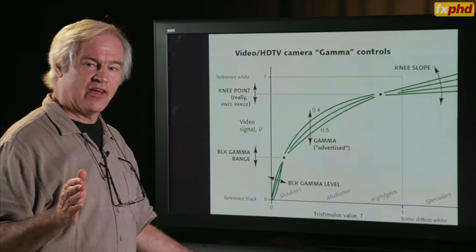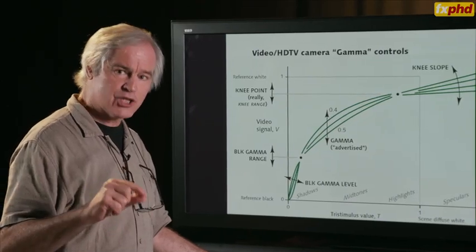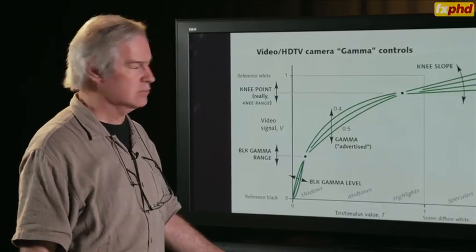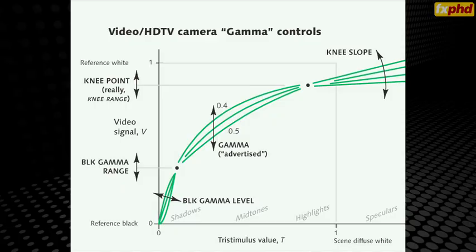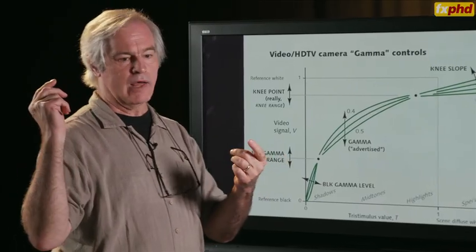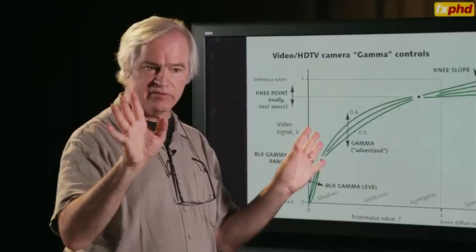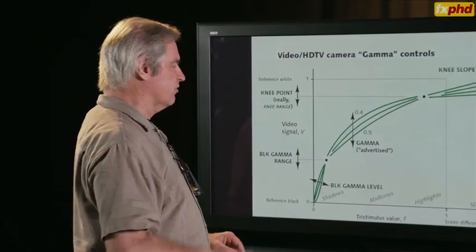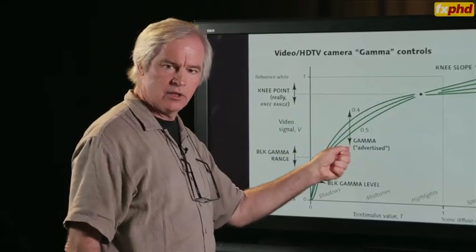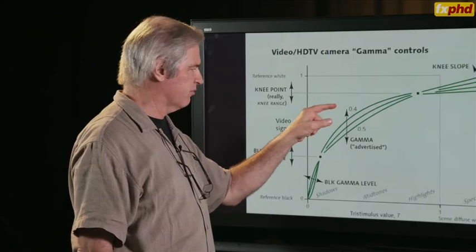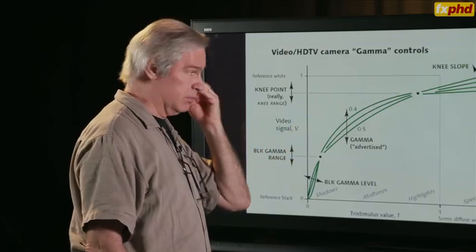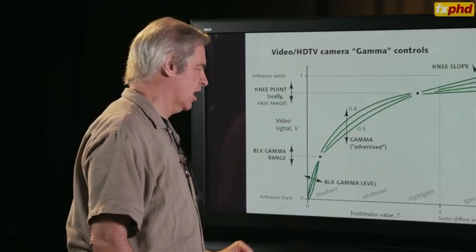And in practice, the curve that a real production will use in an HD camera is a curve like this, which I've drawn for myself as an interpolation of the knobs that are available on a typical high-end HD camera, whether it's a Sony, a Panasonic, a Grass Valley. Any of the historical HD cameras have got a big gamma knob labeled with numbers from, say, 0.4 to 0.5, actually even more typically from 0.35 to 0.5.